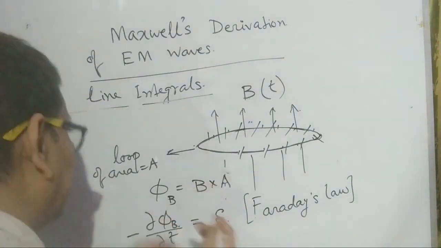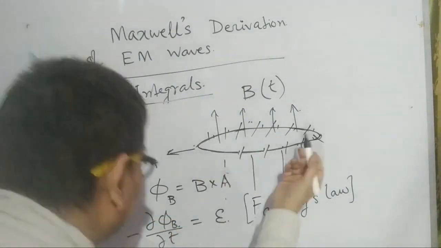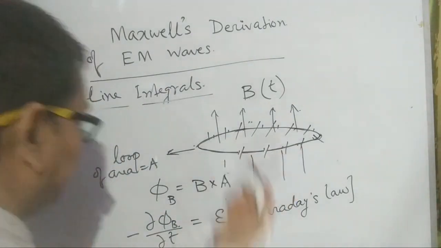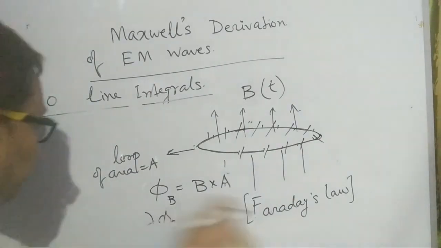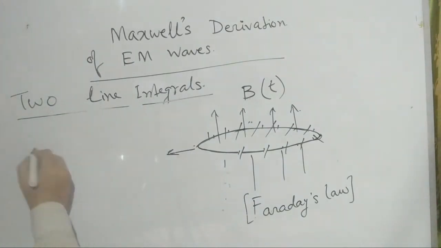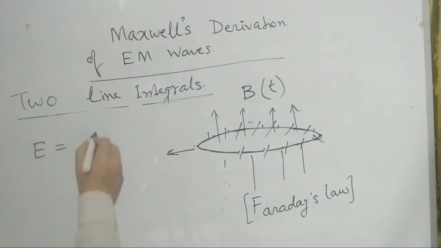Now what will be the field? The field produced in this loop will be this EMF produced divided by the length of the loop. So the electric field produced is EMF by the length of the loop.